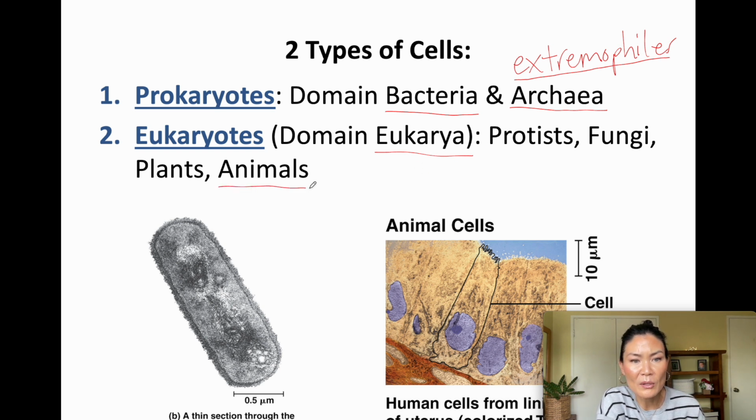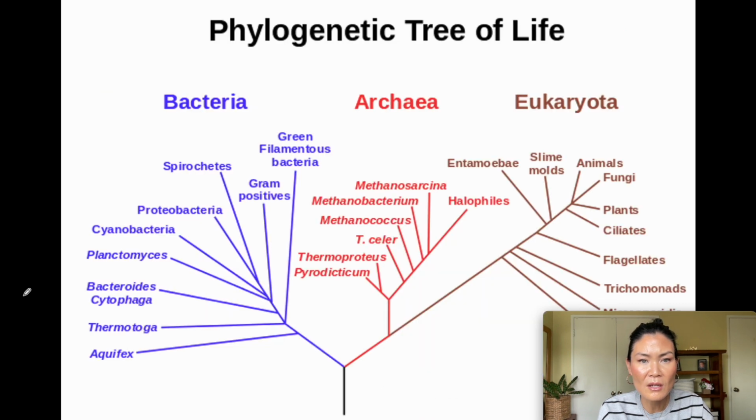And we humans, we belong to domain eukarya because our cells are eukaryotic. And we belong to kingdom Animalia. So these are four different kingdoms. You got protists, fungi, plants, and animals that are under the large category of eukarya. All right, so let's talk about the differences between prokaryotes and eukaryotes.